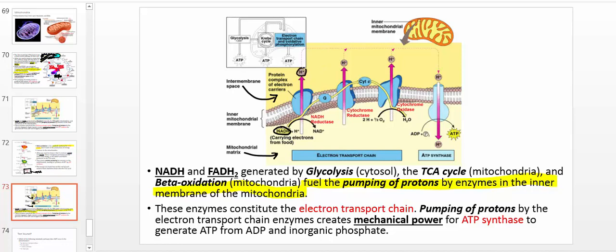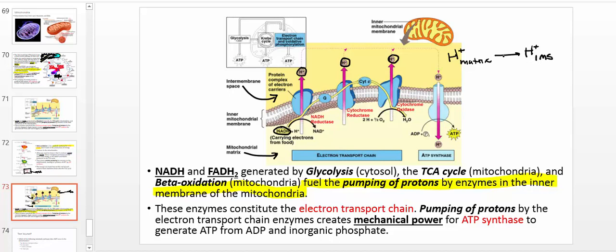They're pumping protons from the matrix into the inner membrane space. Let me be specific. So protons, or H+, in the matrix are pumped into the inner membrane space.